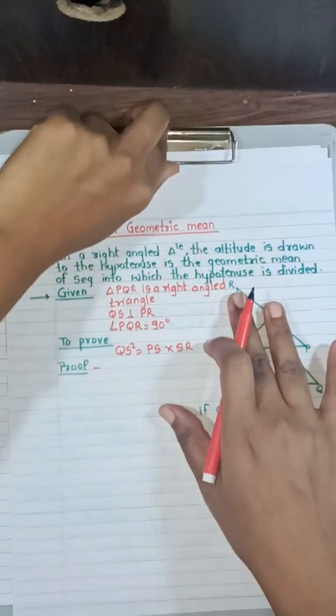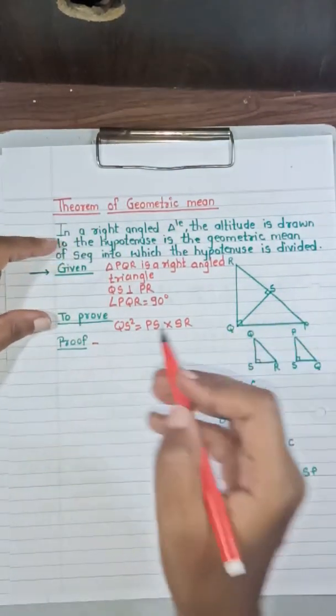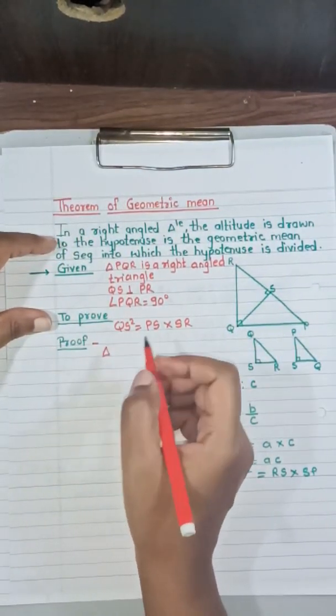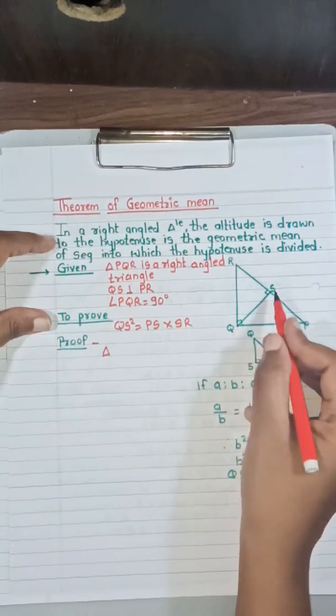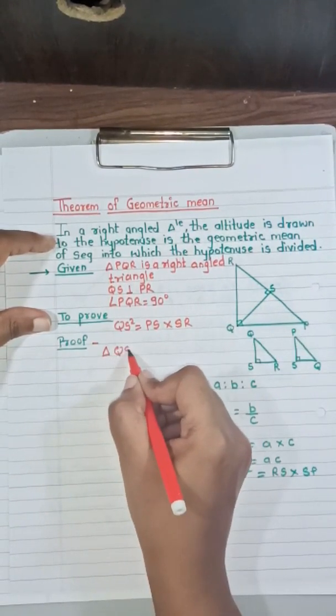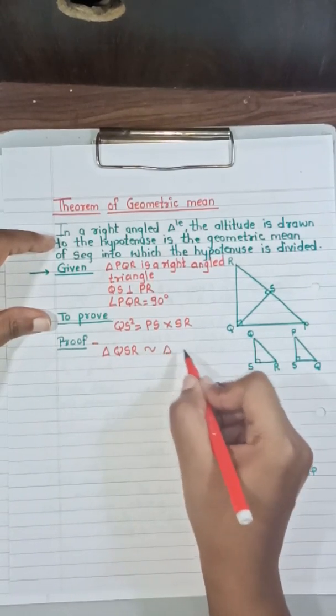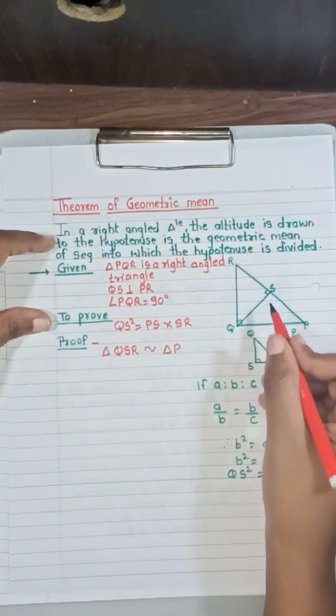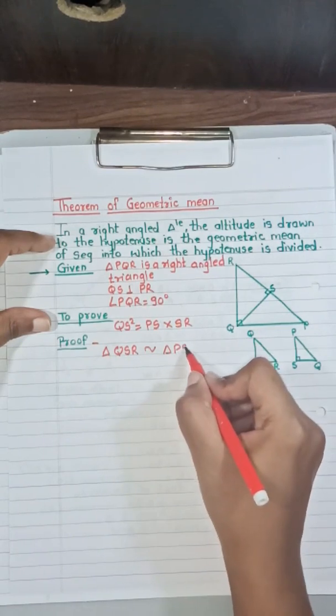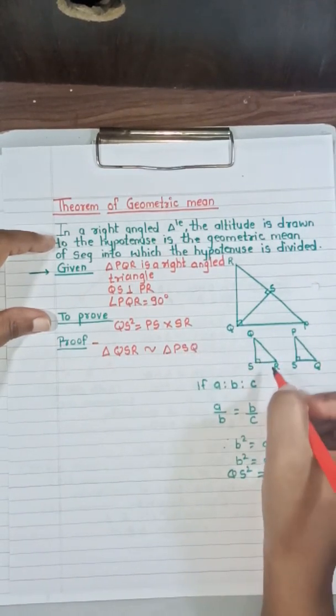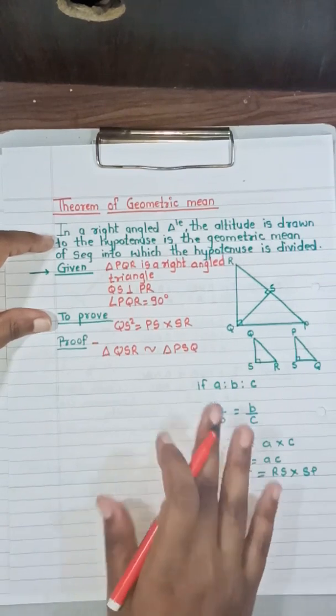So I'll write it down here. Triangle QSR is similar to triangle PSQ. I've drawn them separately over here.